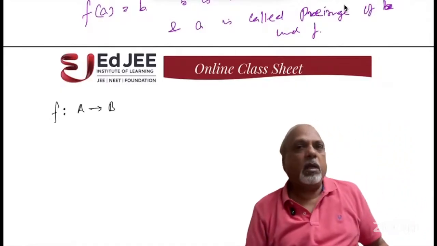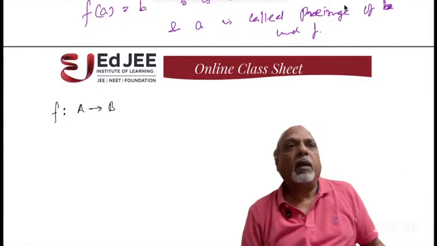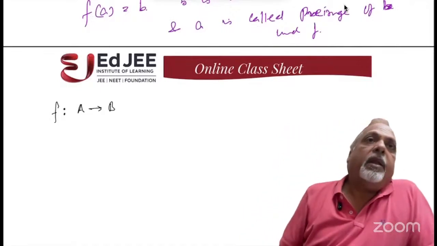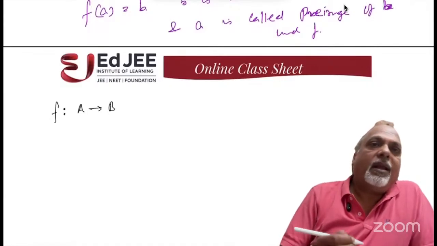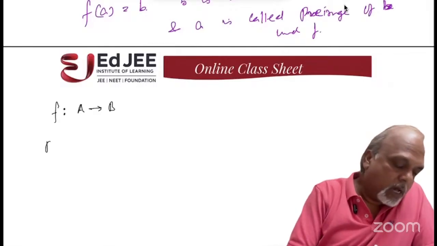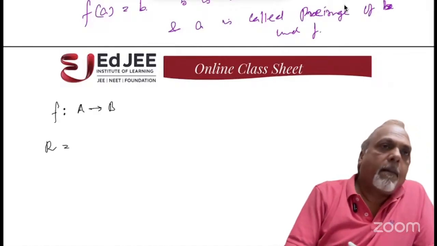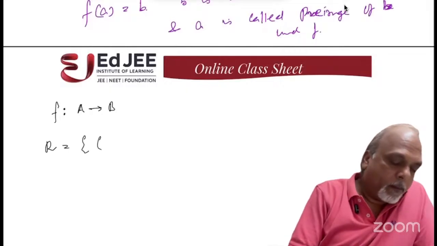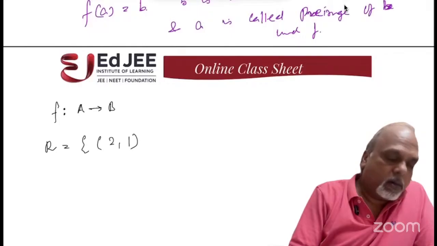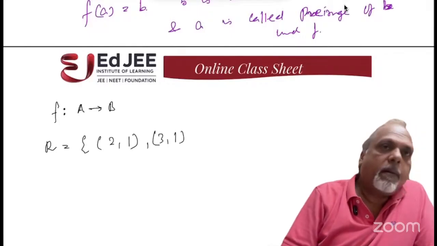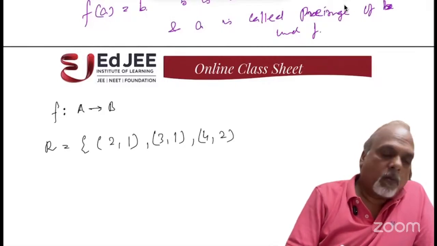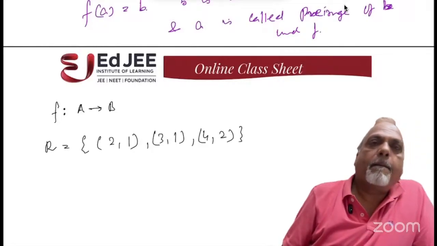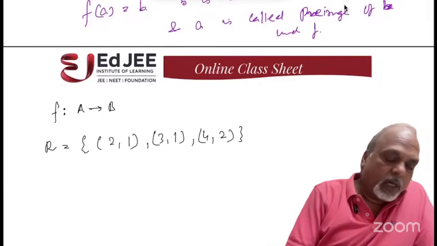Now let us understand what is the meaning of this. We take a relation R: (2, 1), (3, 1), (4, 2). Just see whether this relation is a function or not.